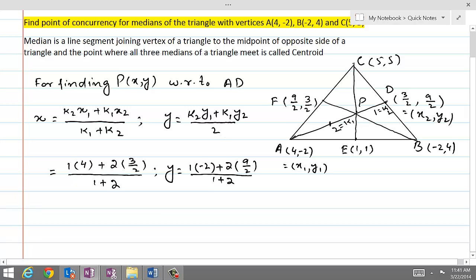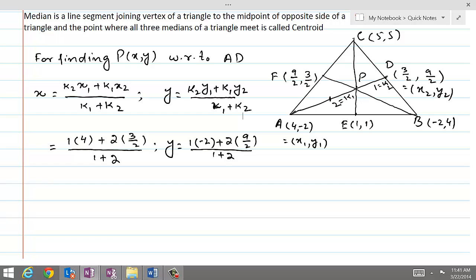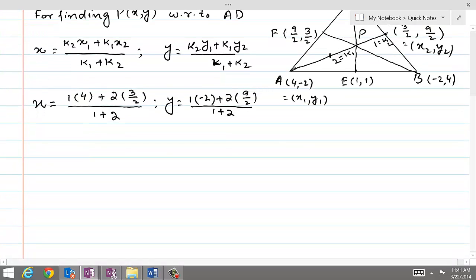Here we made this error, this was k1 plus k2. So this is how we find x and y, and now we are going to find out the values for x and y. This would be 4 plus 3 divided by 3, and y would be equal to minus 2 plus 9, because this 2 will be cancelled with this 2.